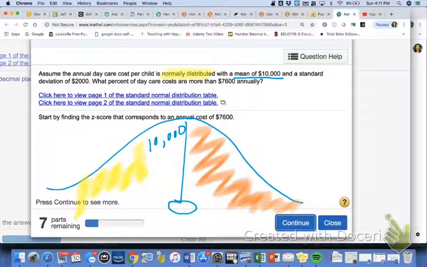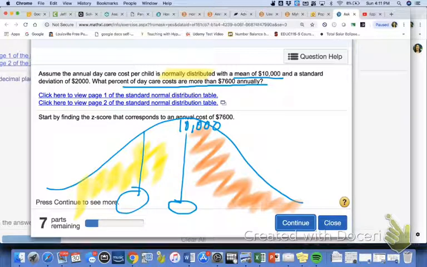So it's asking us to find the percent of daycare costs that are more than $7,600 annually. So the mean is $10,000, or the average is this $10,000. We are trying to figure out what percent of people pay more than $7,600.